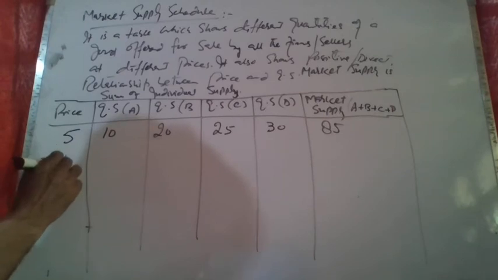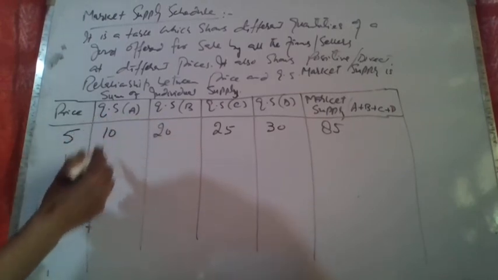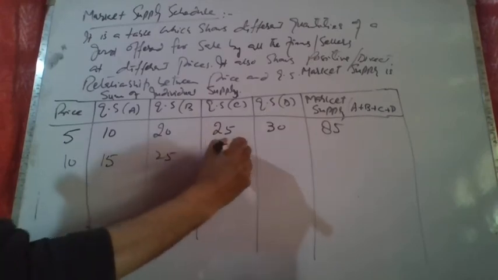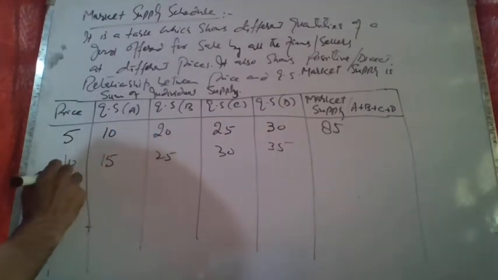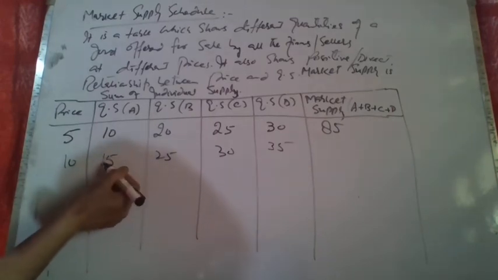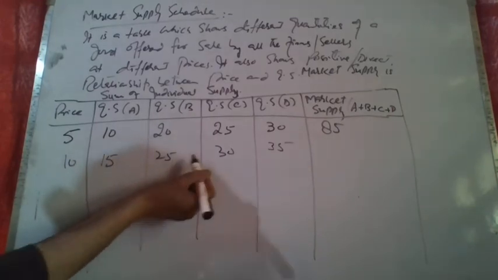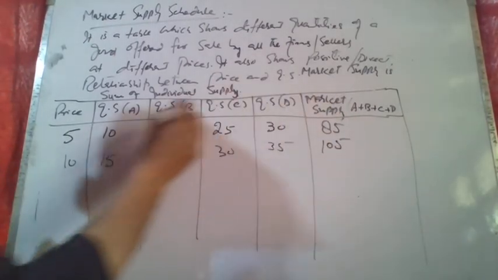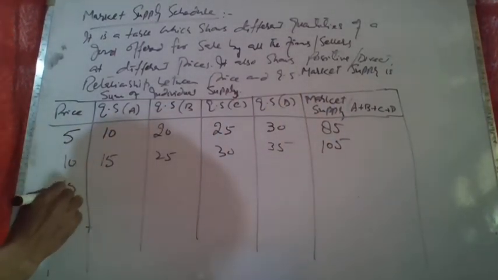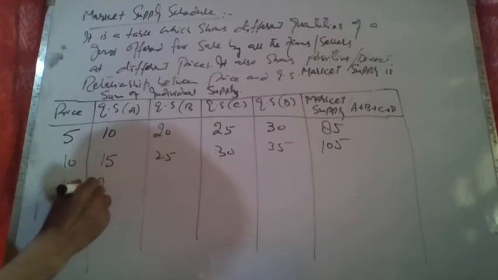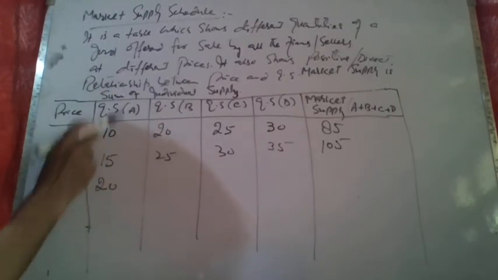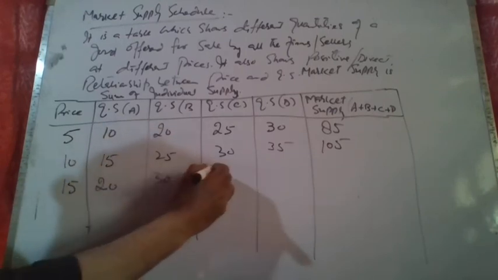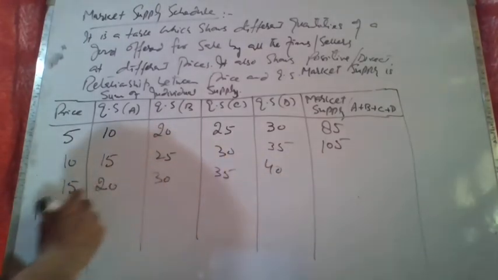For example, price increases to 10, the supply of A will increase, B will also increase, C will also increase, D will also increase. Market supply 105. We have 15, for example, as price. Seller A increases his supply, B also increases, C also increases, D also increases supply.